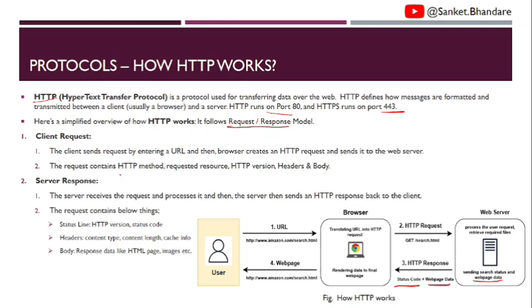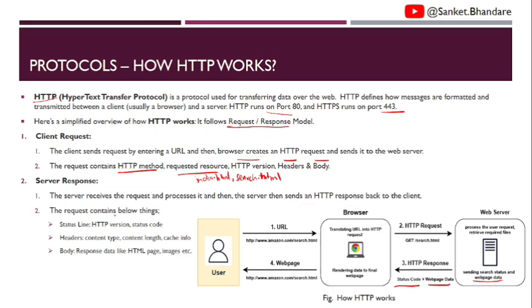So that request contains HTTP method, requested resource, that is index.html or search.html page in our case, then HTTP version, headers and body is being sent to the web server. Then server receives that request, processes it, and then sends a HTTP response back to the client.